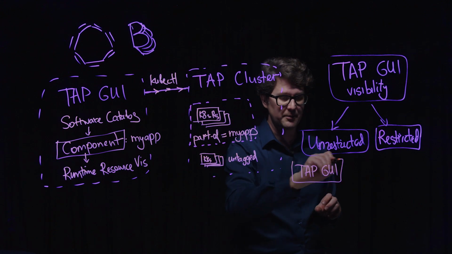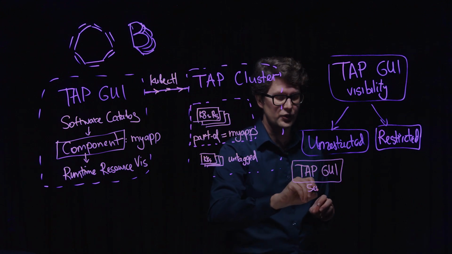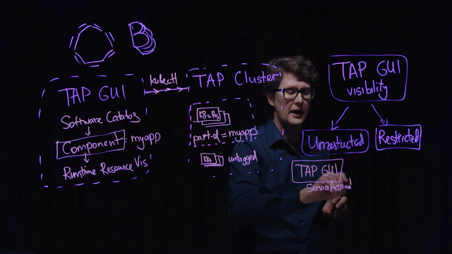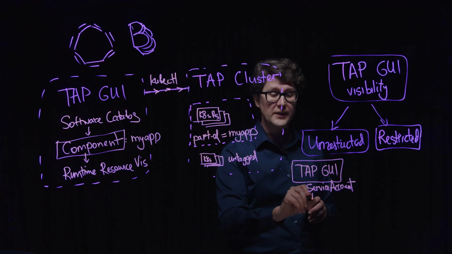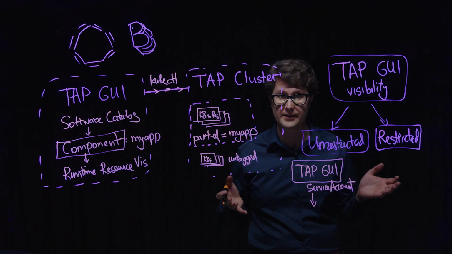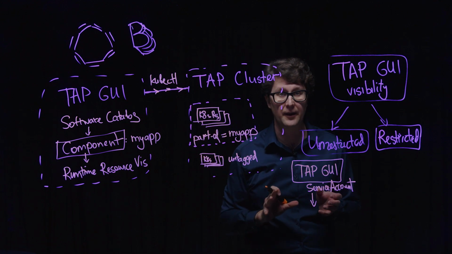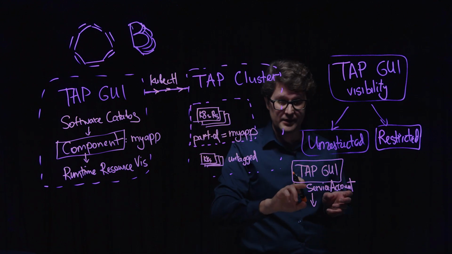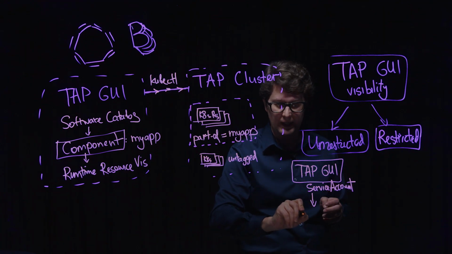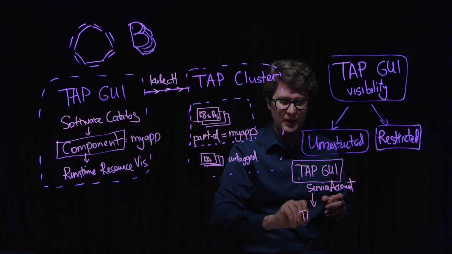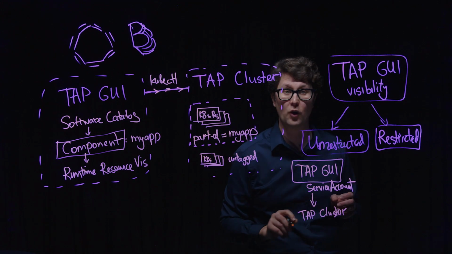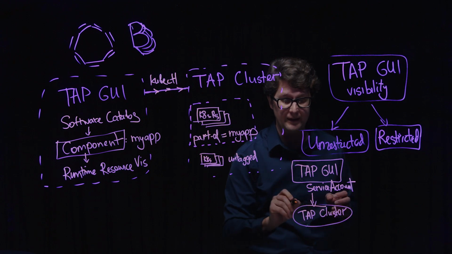TAP GUI is employing a certain service account that is the same for all of the users that would access it. And that service account has very broad view rights on all the clusters that our TAP GUI can connect to. So it will be used in our kubectl commands so that the TAP GUI can fetch all the resources that are needed here.